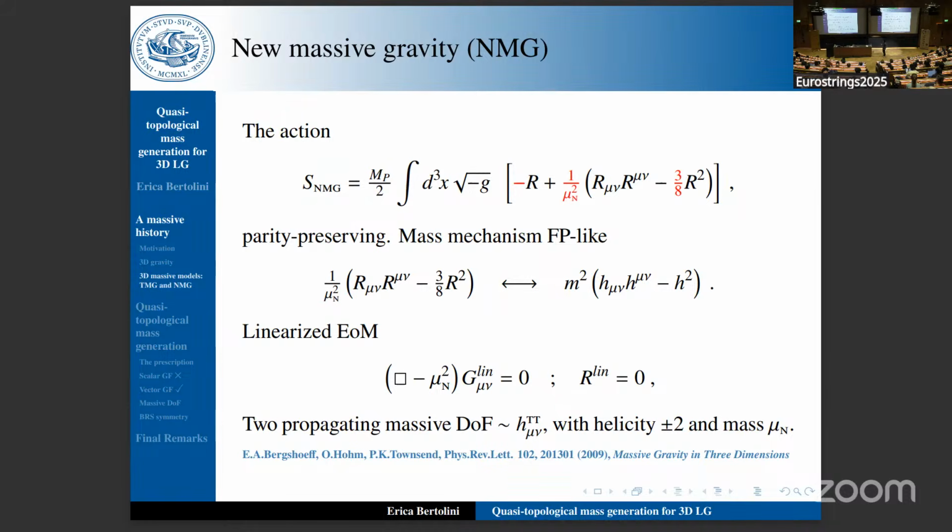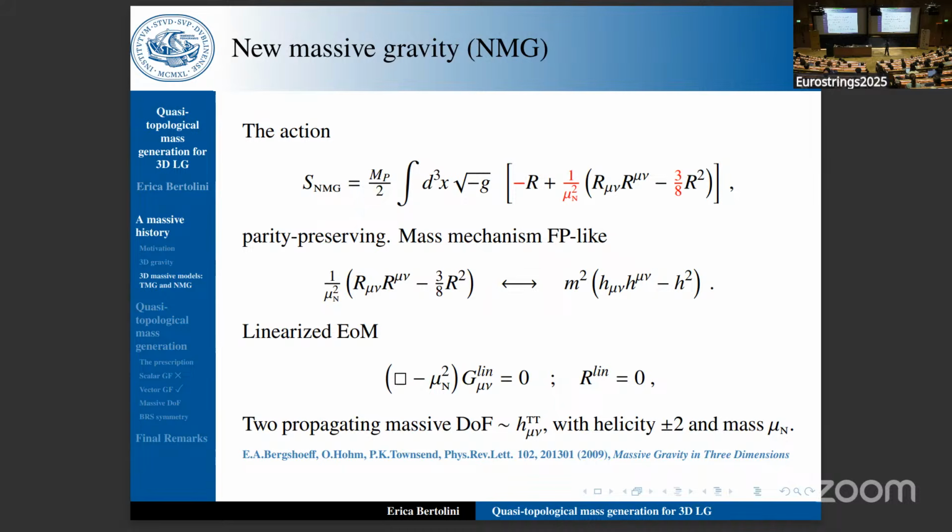We can compare the two. One is written in terms of just the metric perturbation, the other with the Ricci tensor, but they look alike a bit. And in the same way as the Fierz-Pauli term is tuned in order to avoid ghost-like states, this 3/8 factor is there for the same purpose, in order to avoid ghost states.